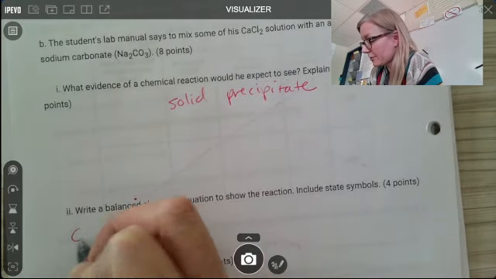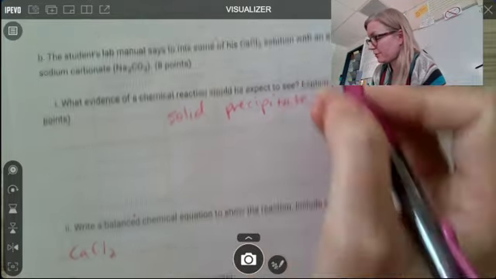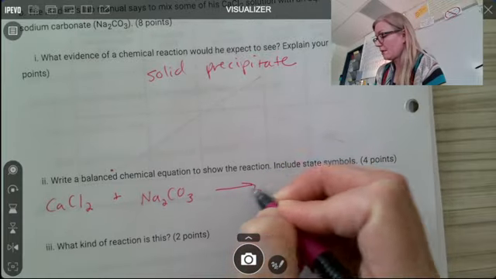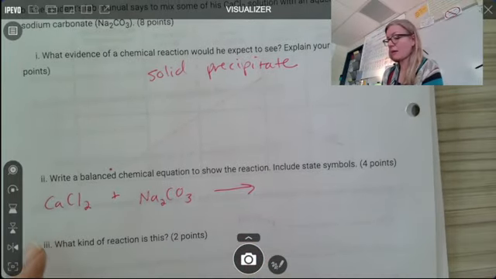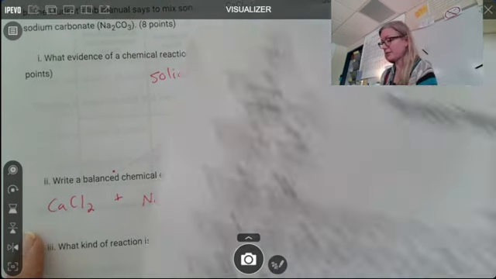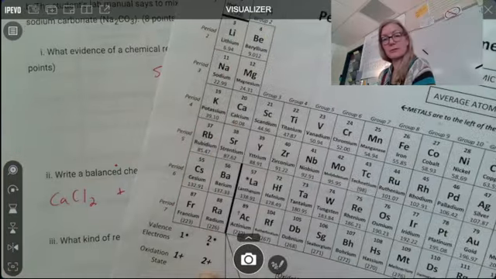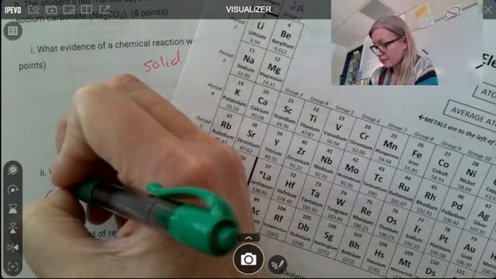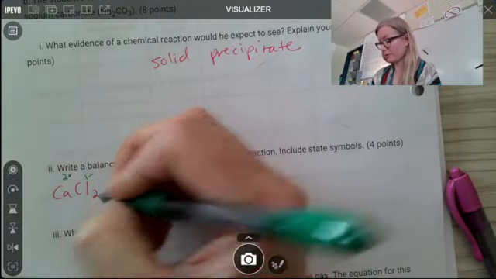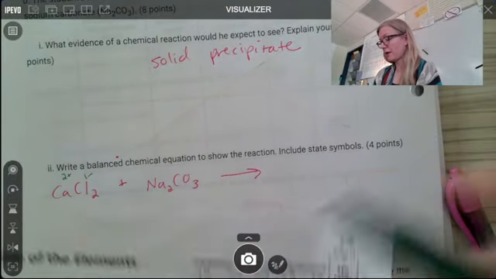Okay, so to write the chemical equation, we're going to do CaCl2. Okay, and it's reacting with Na2CO3. Okay, and for double displacement reactions, write the charge. Sometimes it's helpful to write the charge above each one, or the oxidation state. So calcium is 2+, and each chloride is 1-, and there's 2 of them, so those charges add up to 0.